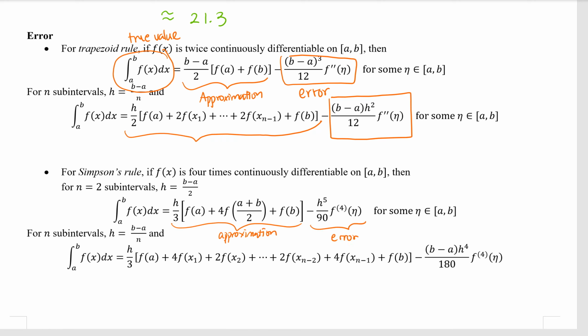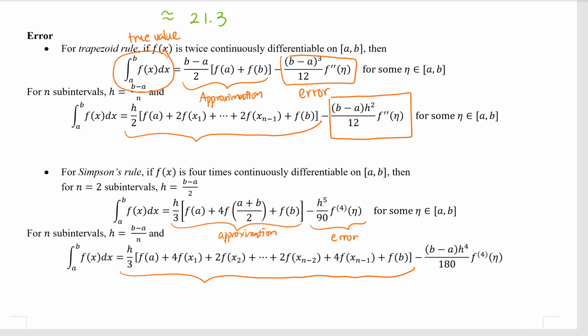But in general, the formula for Simpson's rule has h over 3 times f of a and f of b with 1 copy. For the interior points, the coefficient alternates between 4 and 2: 4, 2, 4, 2, 4. It starts with 4 and ends with 4.